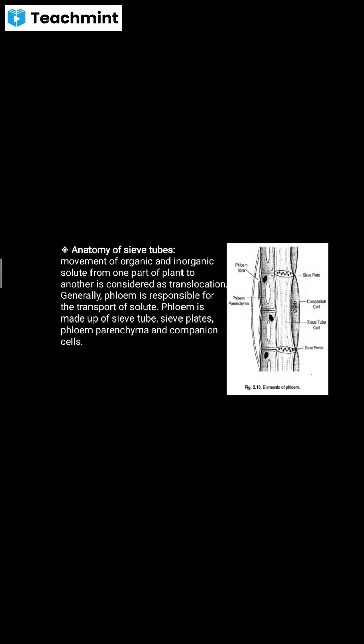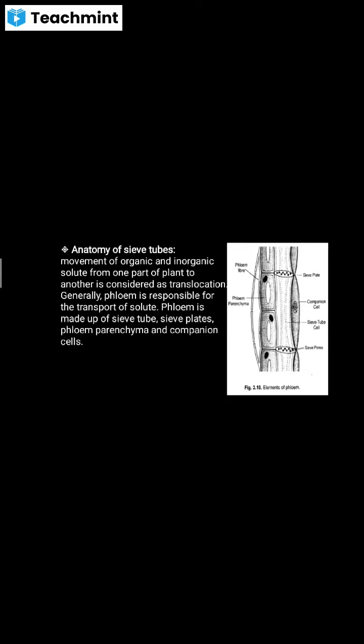Phloem cells से ही जो भी सोल्यूट और फूड मटेरियल है उनका ट्रांसलोकेशन होता है. हम यहाँ पे देखेंगे कि एग्जैक्टली हाउ दिस मूवमेंट ऑफ ऑर्गेनिक और इनऑर्गेनिक सोल्यूट्स दैट विल बी टेक्स प्लेस फ्रॉम वन पार्ट ऑफ द प्लांट टू द अनदर part of the plant.